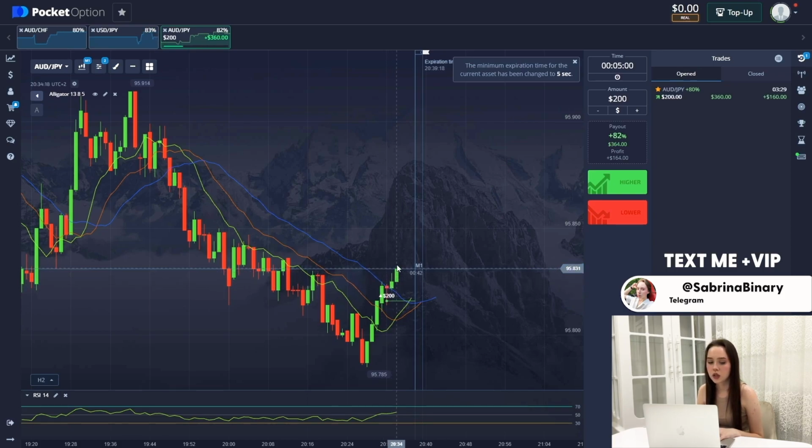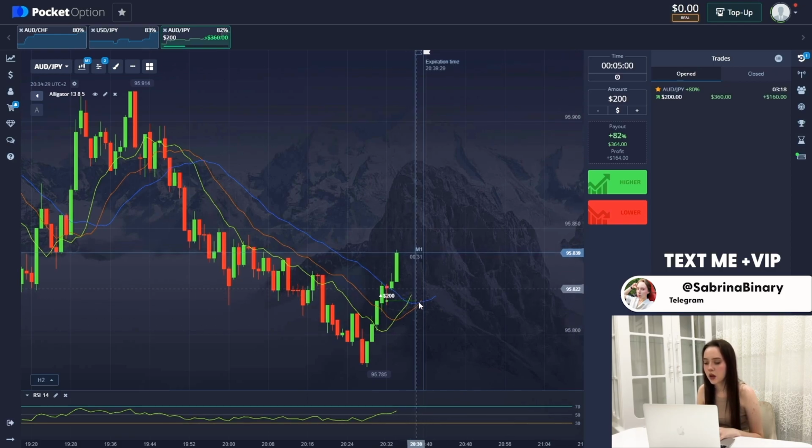Now we see that after the point of opening of our position, several candles have already formed, which are directed upwards. Also, we can see that the green alligator line is directed upwards after the point of opening our position, which means that the chart is now being drawn, and we can better determine the further price movement.